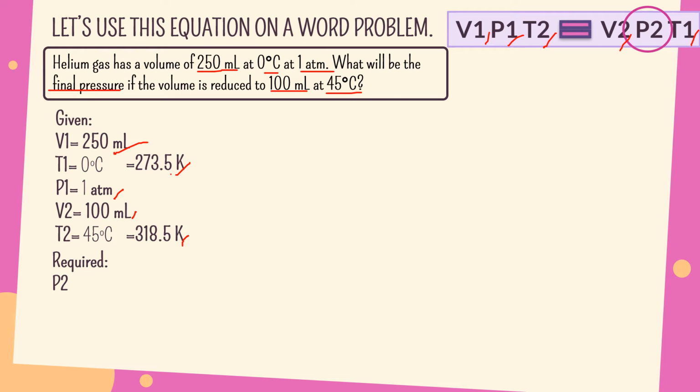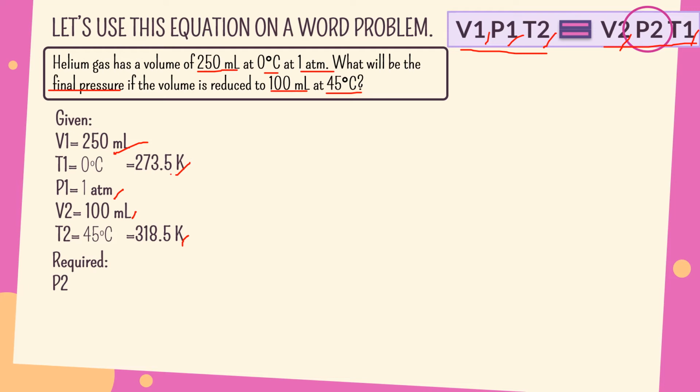So what will be the final pressure after the change on the helium gas? And to do that, we need to come up with an equation to get the final pressure. Always remember that we need to divide both sides of the equal sign to leave the unknown or required quantity alone on one side. So we need to divide both sides by the quantities beside the unknown one.